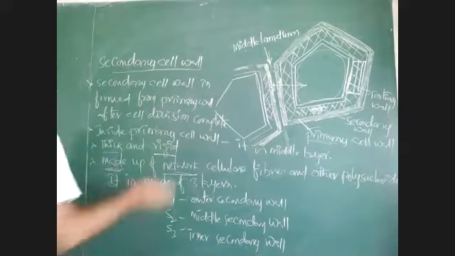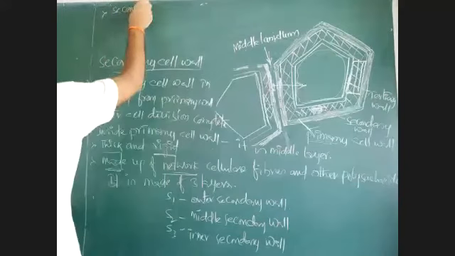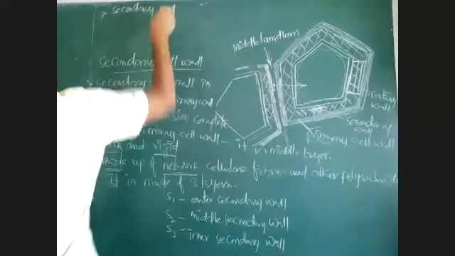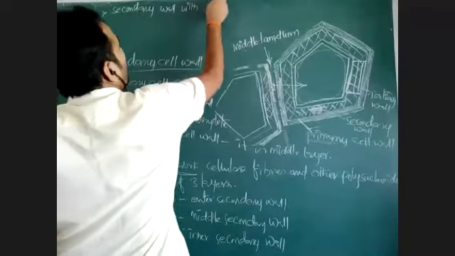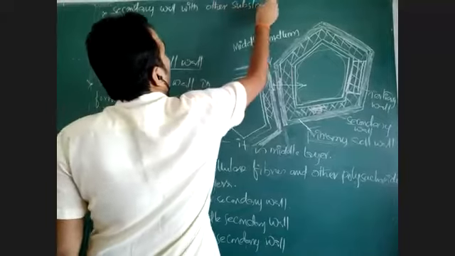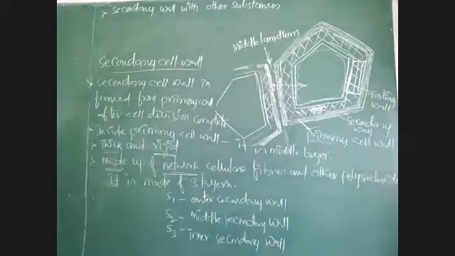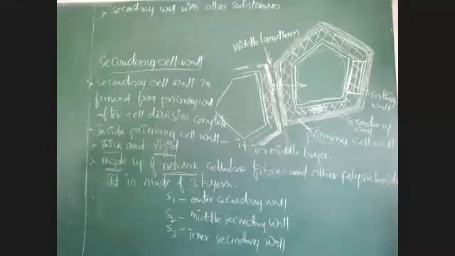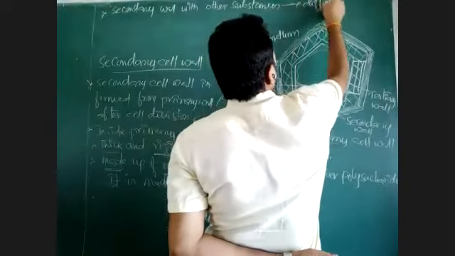The important property of the secondary wall is that some other substances may be present, some pigments or other structures. Those other substances give rise to different tissues.